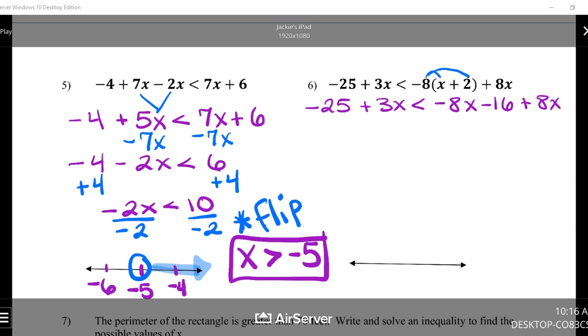Then we want to combine like terms. Now -8x plus 8x is 0x, which just equals 0. So those terms cancel out.